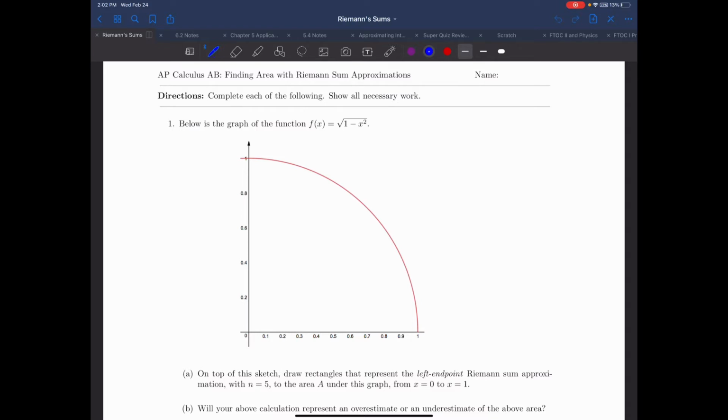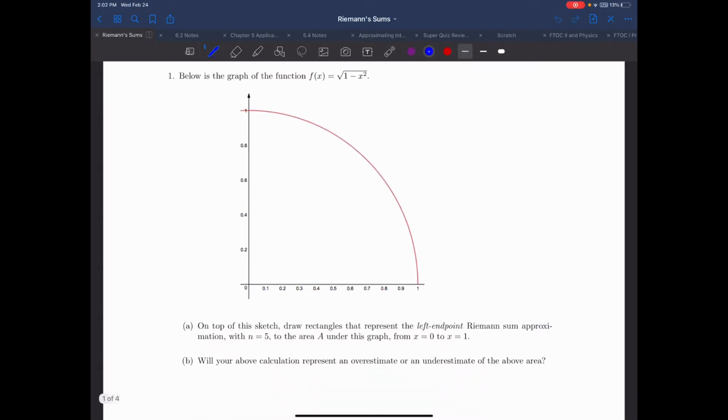So here you have this picture. It says below is the graph of the function f of x equals the square root of 1 minus x squared. We have a quarter circle from 0 to 1. And it says on top of the sketch, draw rectangles that represent the left endpoint Riemann sum approximation with n equals 5 to the area A under this graph from x equals 0 to x equals 1.